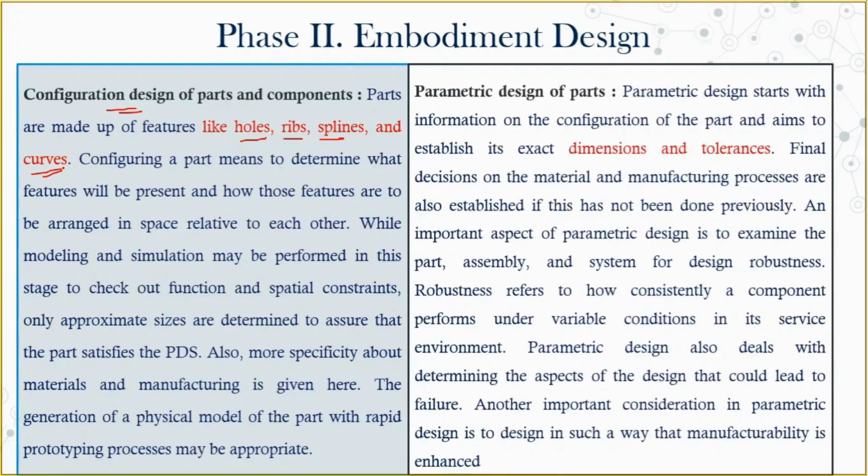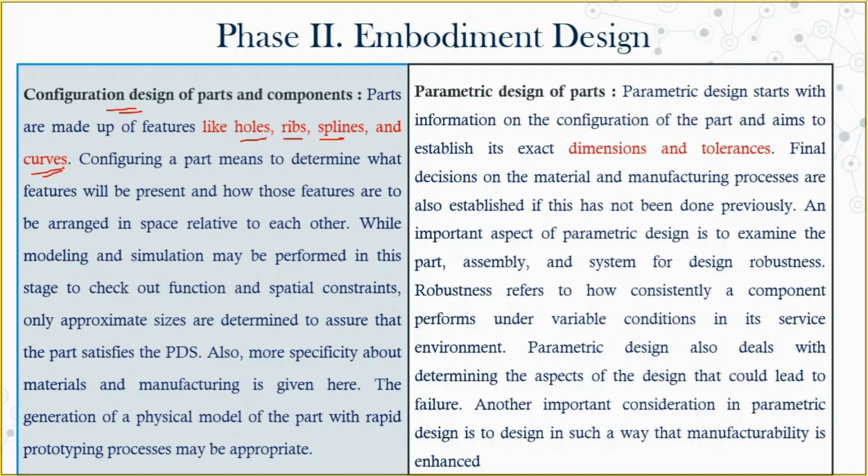When it comes to the third phase of the embodiment design, that is the parametric design, it is associated with the design variables. If you are designing a mobile phone, it will have some dimensions, tolerances, weight, height, length, right. So we are finalizing all the parameters of the design in this third phase, which is known as parametric design.